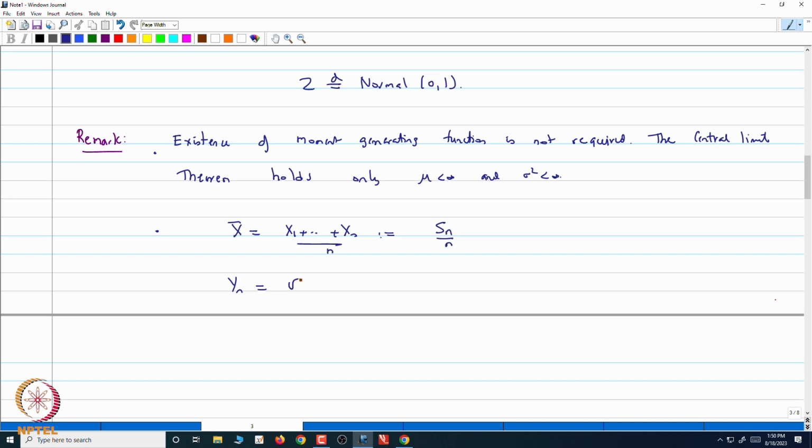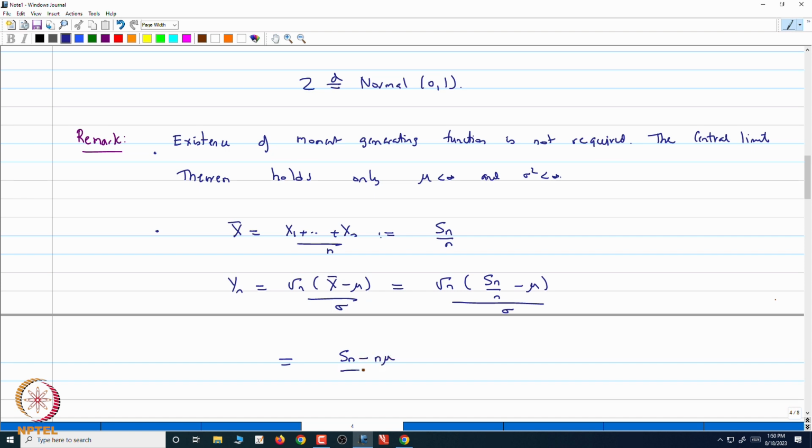Yn is root n times (X bar minus mu) by sigma. That I'll write as root n times (Sn by n minus mu), the whole thing divided by sigma, and that's going to be equal to, if I multiply root n out, (Sn minus n mu), the whole thing divided by root n times sigma.